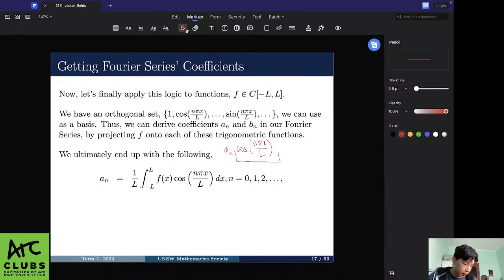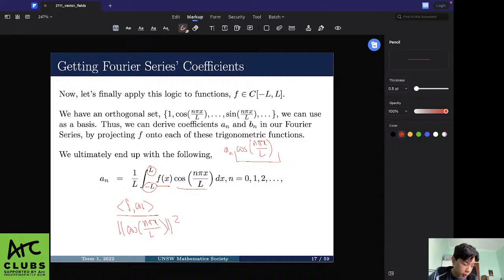And the way we do that is we need to use the inner product between f and our cos, and we see that here, where it's the integral of f times cos from minus L to L, and then we need to divide it by the norm of cos n pi x on L squared.